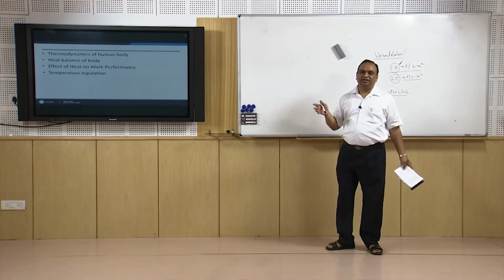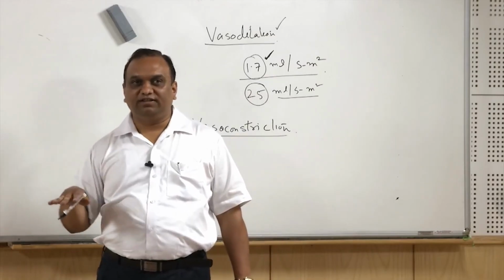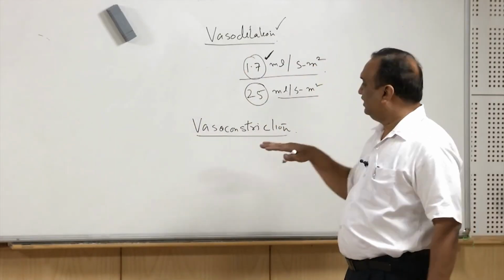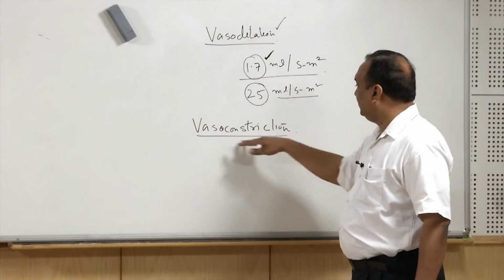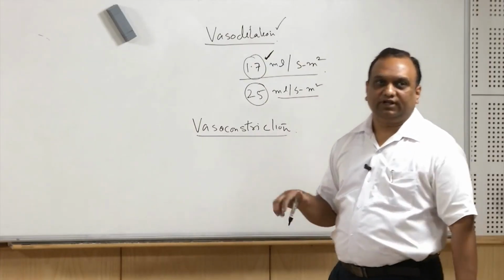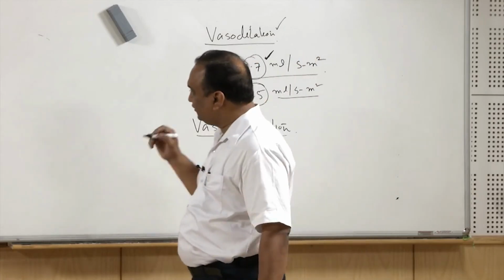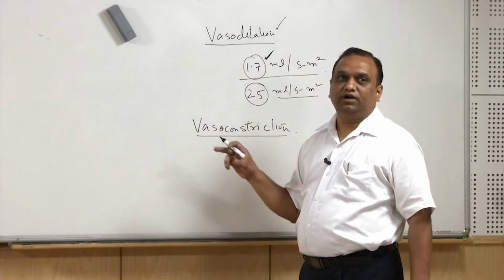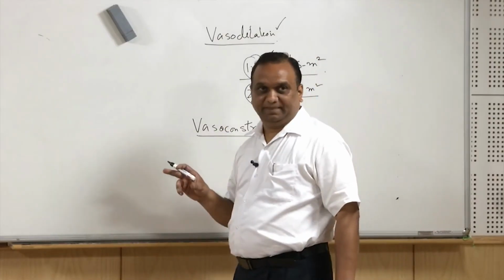Suppose you are in a normal atmosphere and all of a sudden there is a drop in outside temperature, then immediately vasoconstriction takes place, blood flow to the surface of the skin or just below the skin will reduce, and you will get insulation equivalent to that of one sweater.